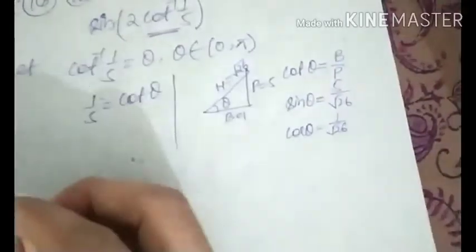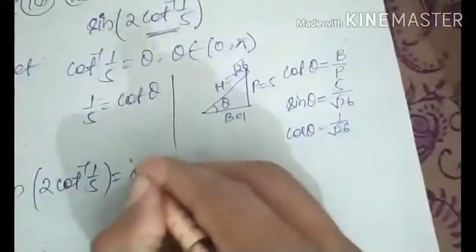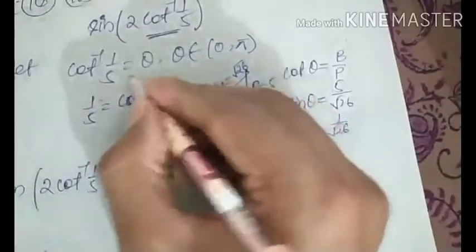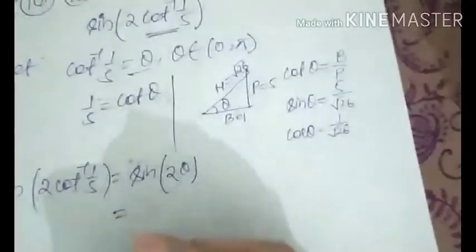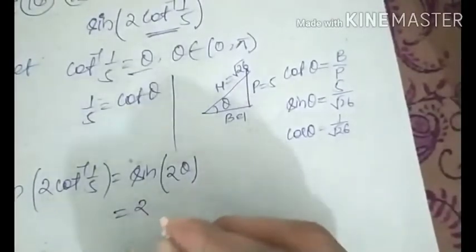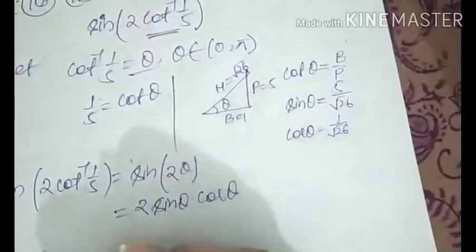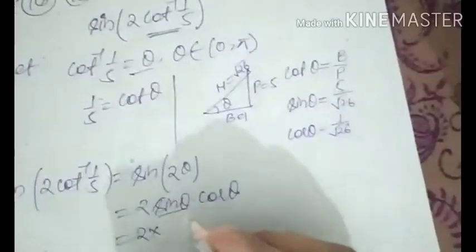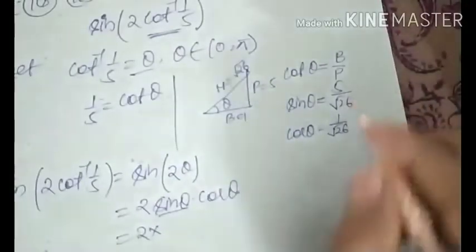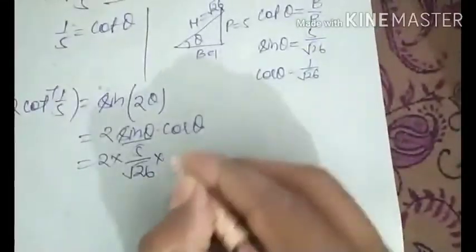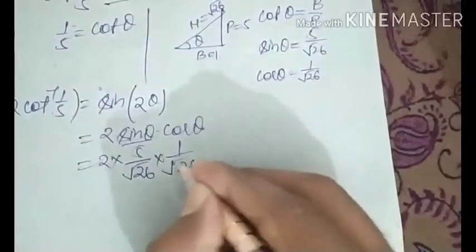Now our question is sine of 2 cot inverse 1 upon 5, and the value of cot inverse 1 upon 5 is theta. So this is sine 2 theta. The formula of sine 2 theta is 2 sine theta cos theta. The value of sine theta is 5 upon under root 26 and the value of cos theta is 1 upon under root 26.